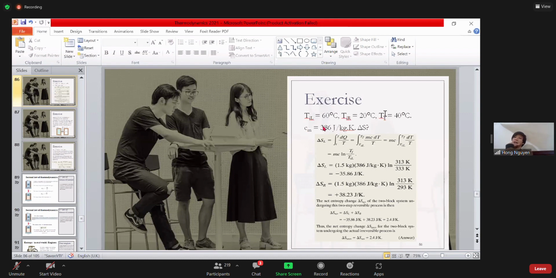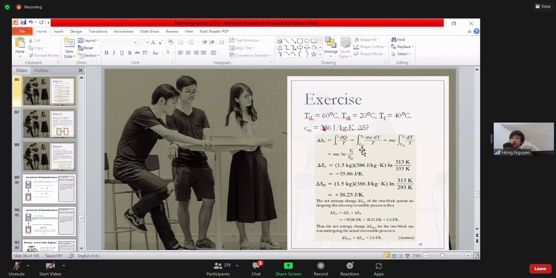Here Ti is actually the temperature of the copper, but the colder one. Then we can rewrite the expression of the change in entropy as mc times the integral of dT over T. And this becomes mc ln of Tf over Ti. Is it okay?